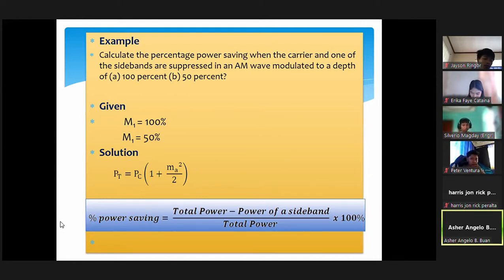Sir, 94? Tama ba, sir? 94.4%. Okay. Good. Paano mo, ano yung sa power of a sideband na ginamit mo?